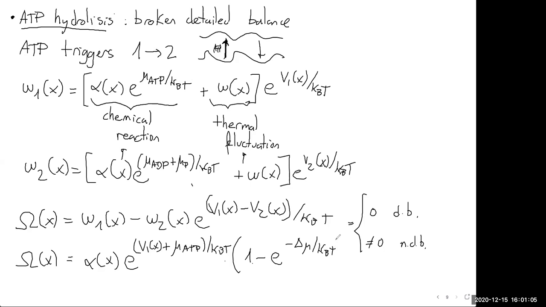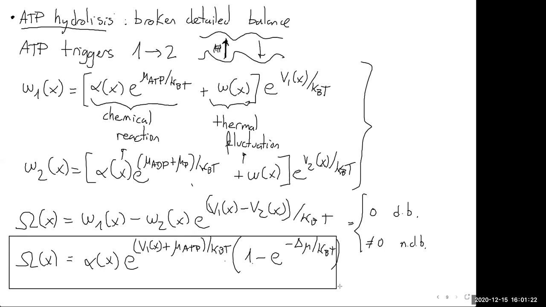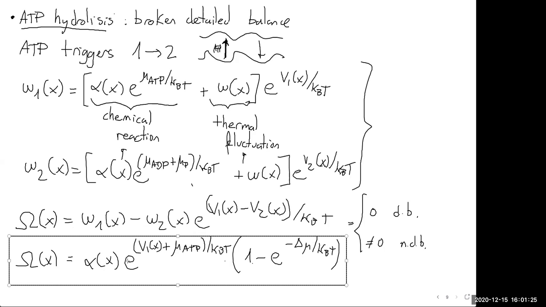So this is nice because with this choice of rates, you see that the deviation from detailed balance, this parameter that I'm showing here, has a prefactor. This is positive always.